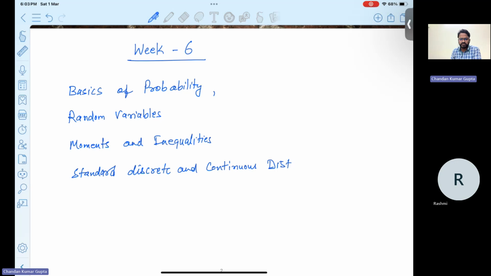In the last week, we discussed higher dimensional distributions, or multivariate distributions.